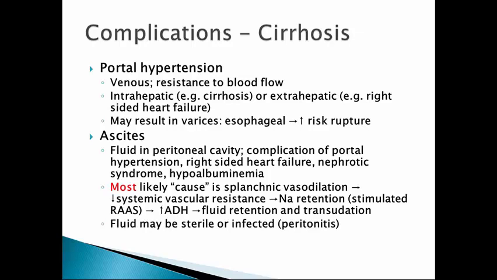As a result of this splanchnic vasodilation, the systemic vascular resistance decreases. That then is going to stimulate the renin-angiotensin-aldosterone system, and that says, hey, bring back more salt because I have no vascular resistance.